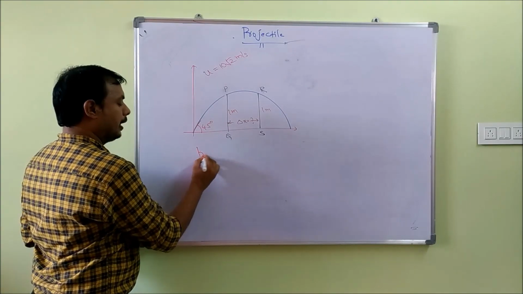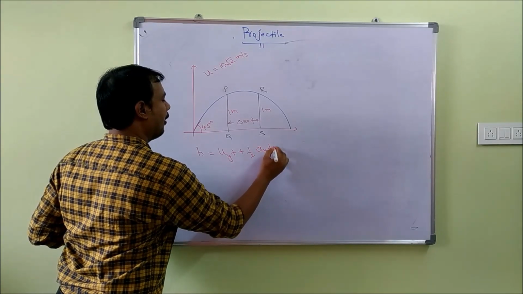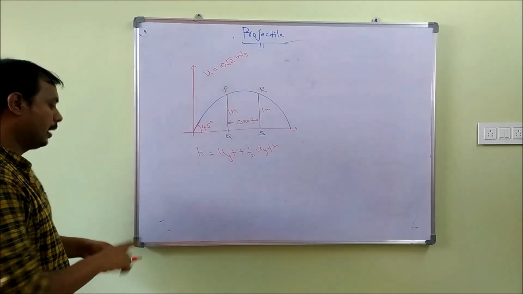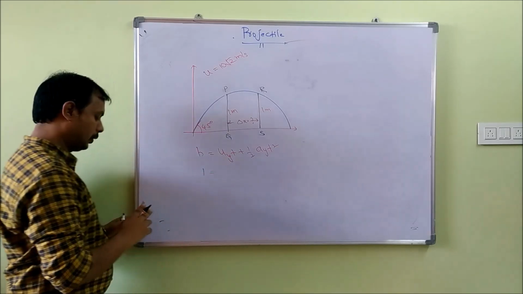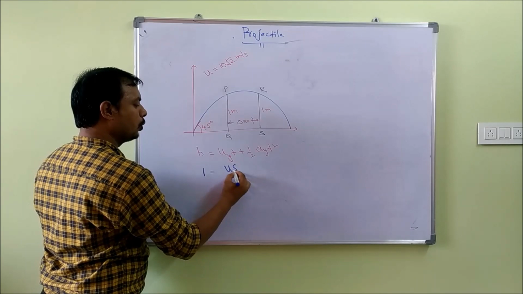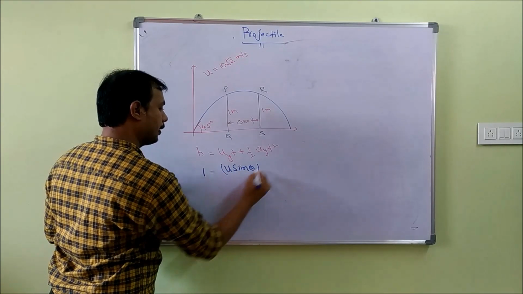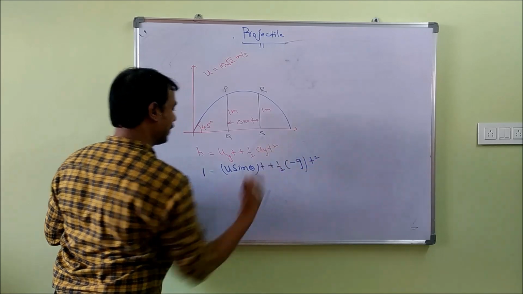Applying the second equation of motion, s equals uy t plus half ay t square. H is the height, same height 1 meter, so 1 equals u sine theta t minus half g t square.